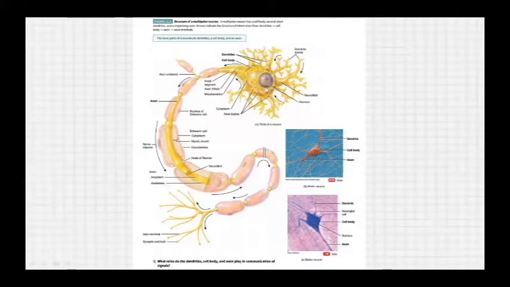Just beside it you could find the initial segment, and between them is the trigger zone where nerve impulses originate. Then you could see other parts, like the myelin sheath, the one that covers the axon, which we will further discuss later on.